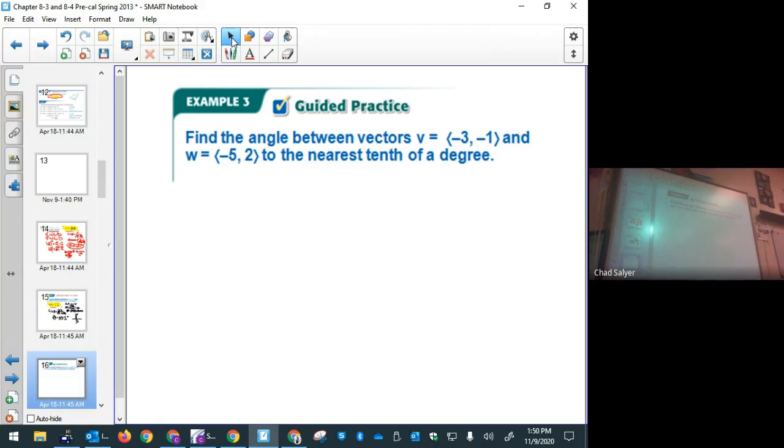Those are the two you want to multiply. B dot W: negative 3 times negative 5, positive 15, and plus negative 1 times 2.